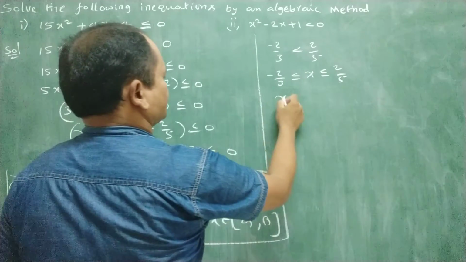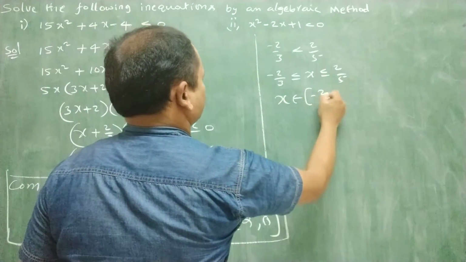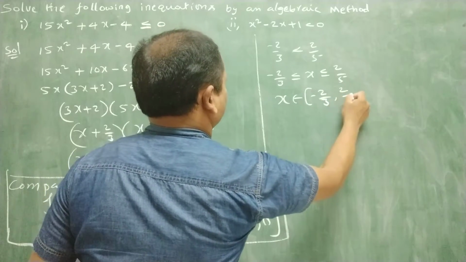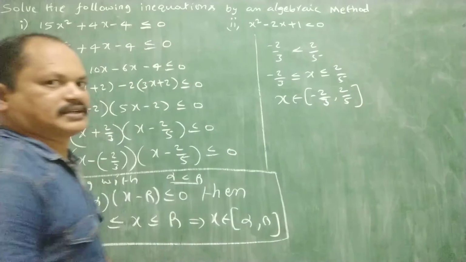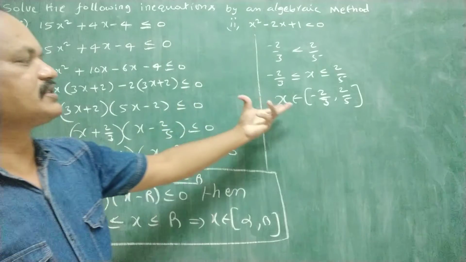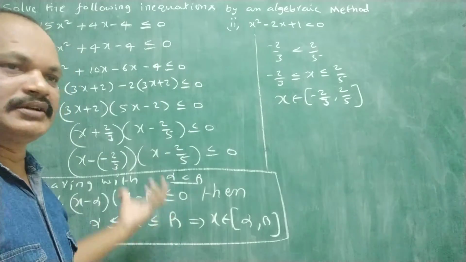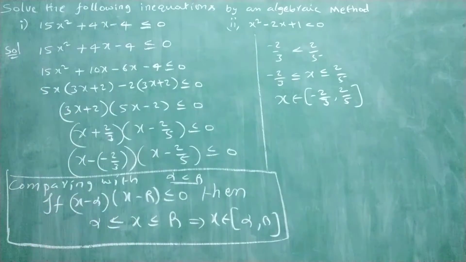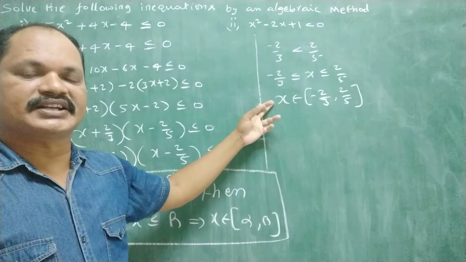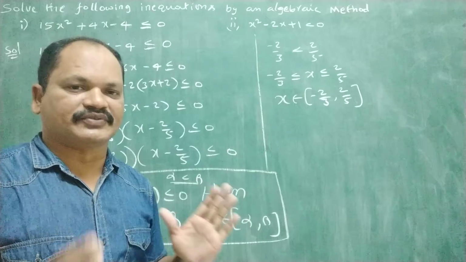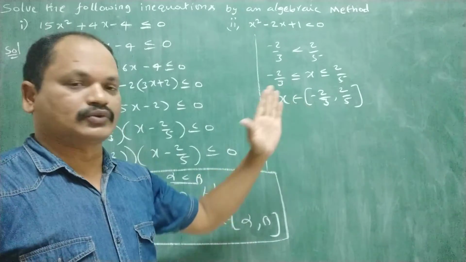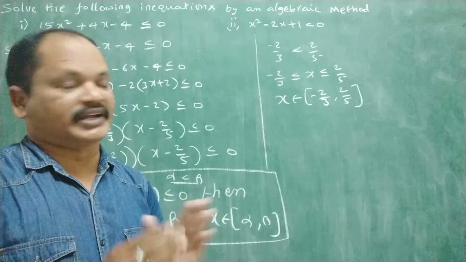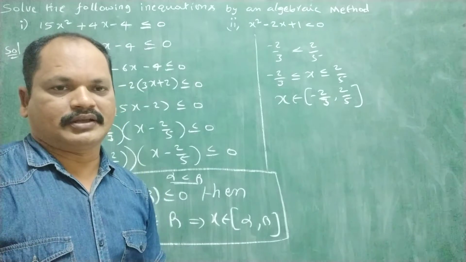That's why x belongs to closed minus 2 by 3 to 2 by 5. That's all. So this is the solution set for the first inequation, according to the algebraic method: x lies within the interval minus 2 by 3 to 2 by 5, including both ends.